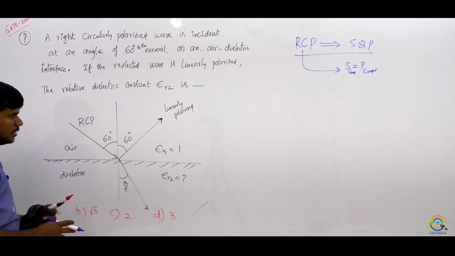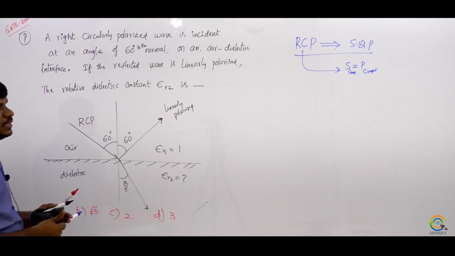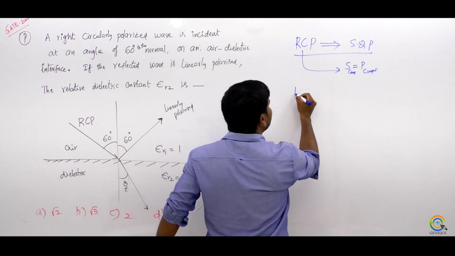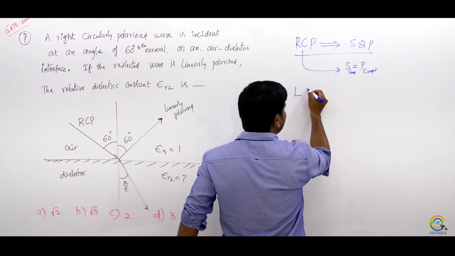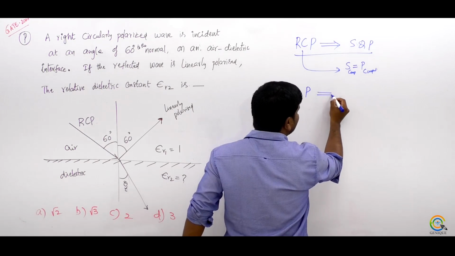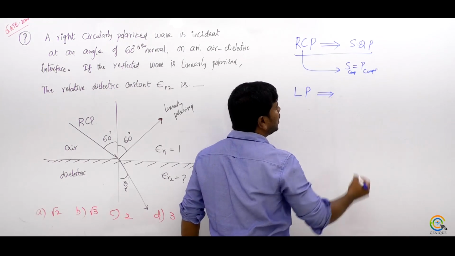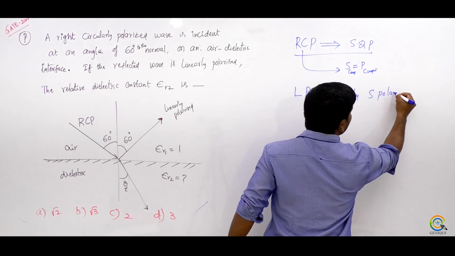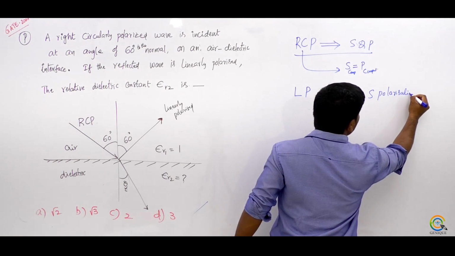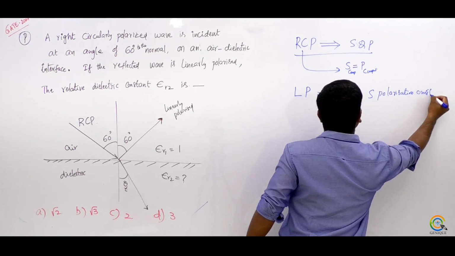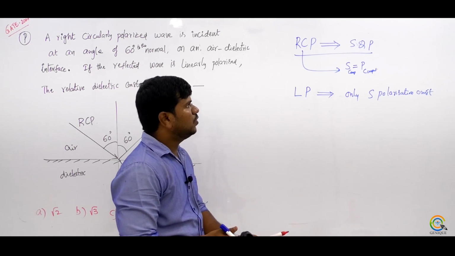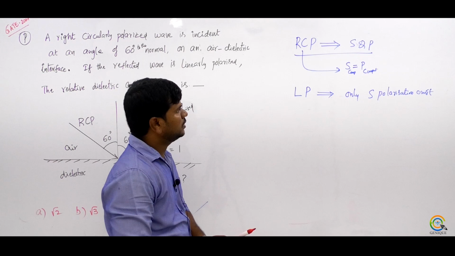Now come to this. And here, if any linearly polarized wave is there, for the linearly polarized wave, only S polarization exists. Only S polarization will exist. No P polarized wave. Okay.